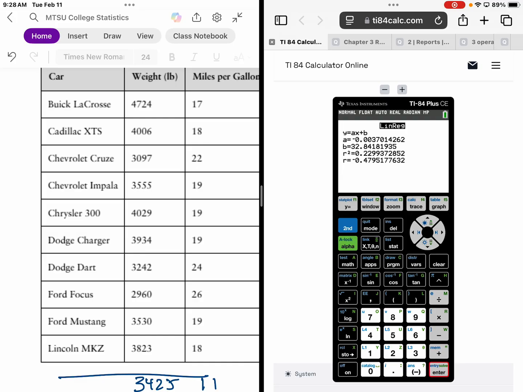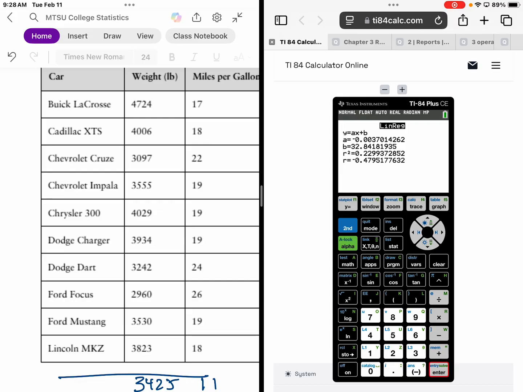So maybe when you think about not only the weight of the car, which is not an extreme value. The Buick LaCrosse had a greater weight. It looks like the highest weighted vehicle there. But this one's not that bad on the weight, but it's got horrible gas mileage. And now we say, okay, what are those lurking variables that's causing that? Is it the engine size, like type of engine?